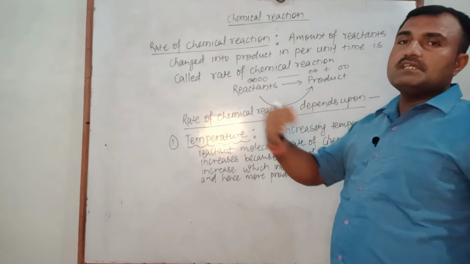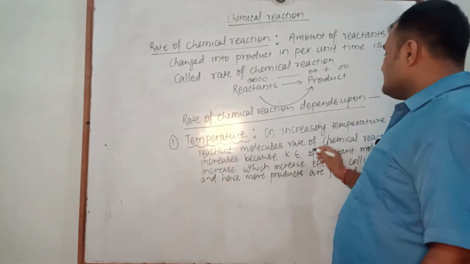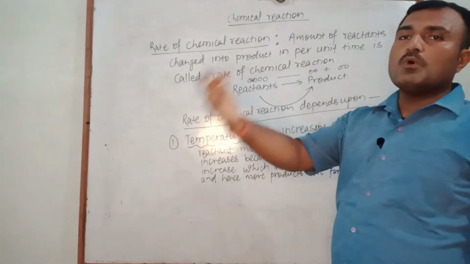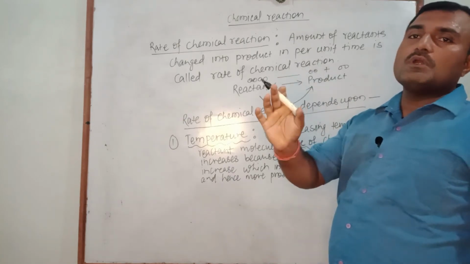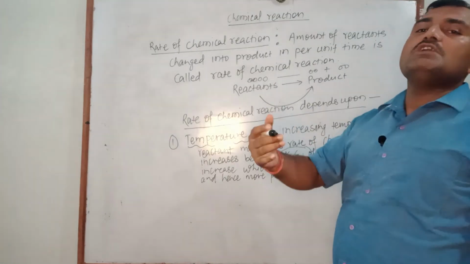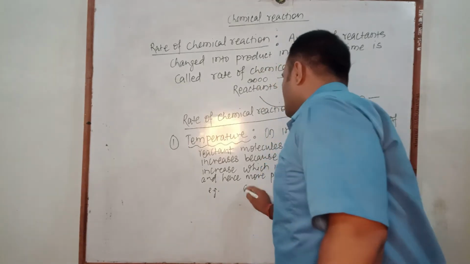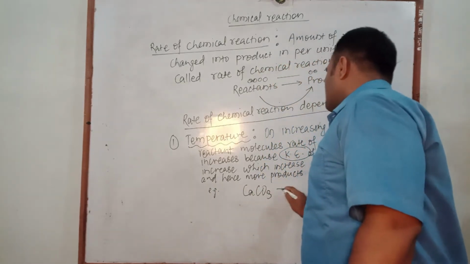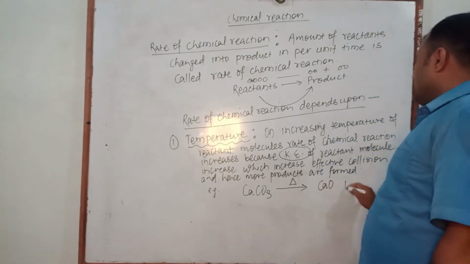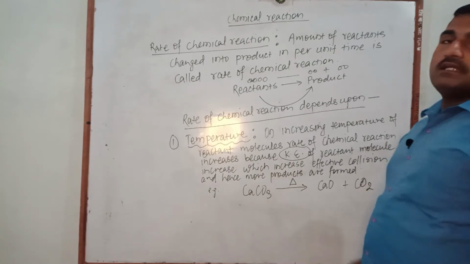When we give heat energy or increase the temperature of reactant molecules, the kinetic energy of the reactant molecules increases. They collide with more force, and every collision becomes an effective collision sufficient to give product. For example, when we heat limestone, it gives lime, or calcium oxide, plus carbon dioxide.